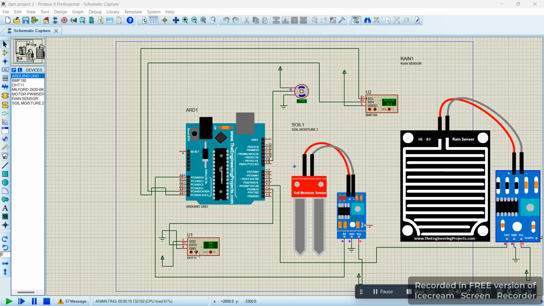Let's try again. Here the servo motor moves. You can observe it clearly.